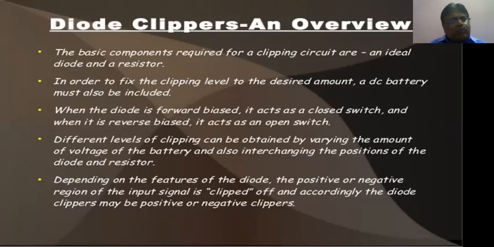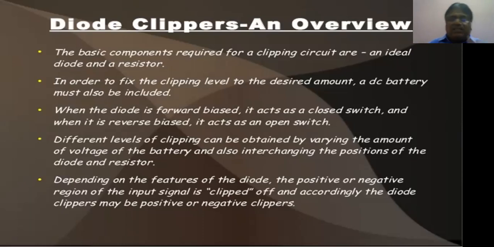Different levels of clipping can be obtained by varying the amount of voltage of the battery and also interchanging the positions of the diode and resistor. Diode and resistor are very, very essential components in clipping circuits. Is this series clipping or parallel clipping? How can it be identified? Depending on the diode and resistor connections only.